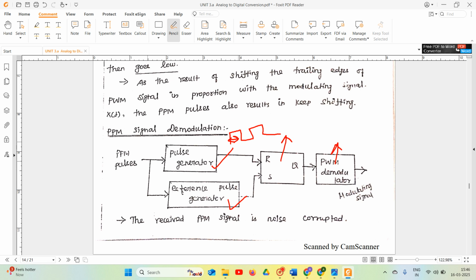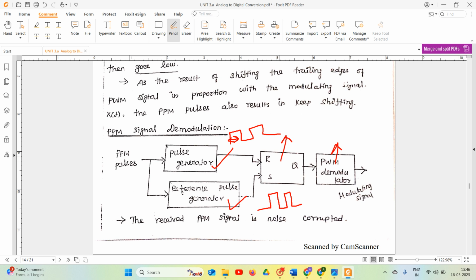Similarly, I will give the same PPM pulses as an input to the reference pulse generator. It will also generate pulses with constant amplitude and fixed pulse width. This generated rectangular pulse will reset the SR flip-flop, and the reference pulse generator sets the flip-flop.